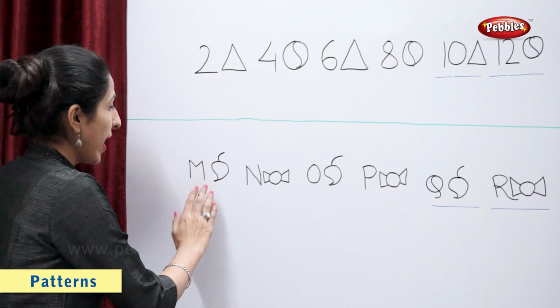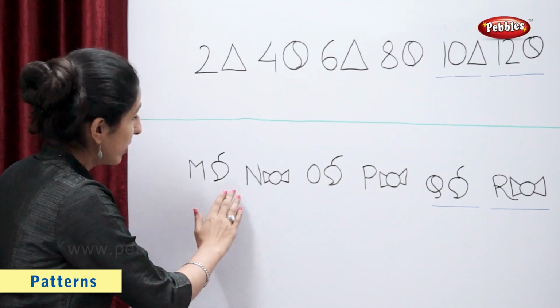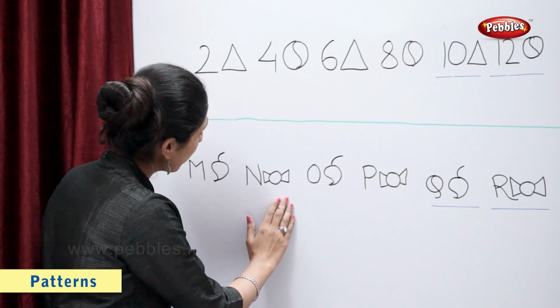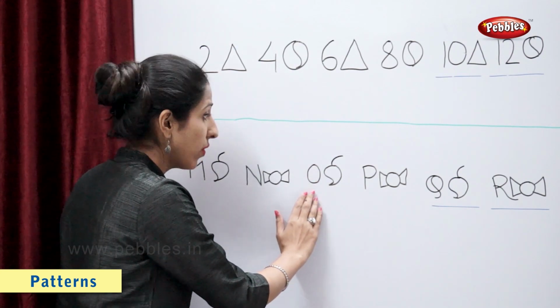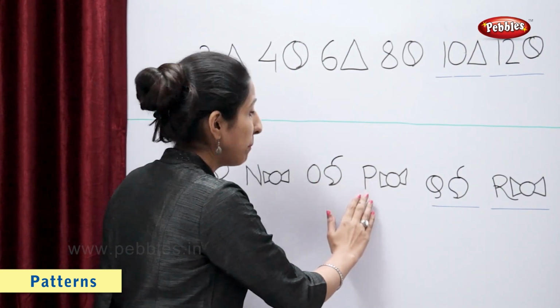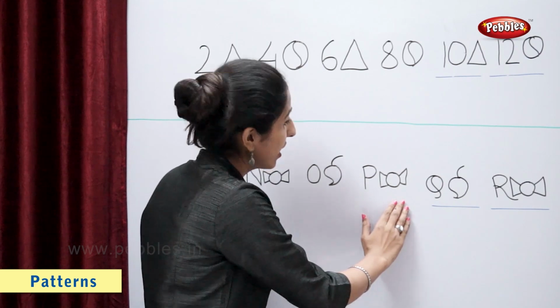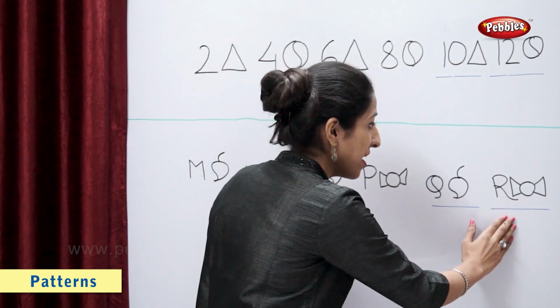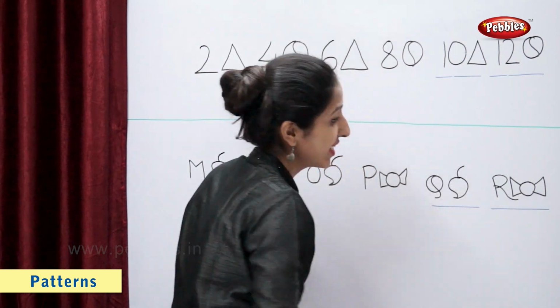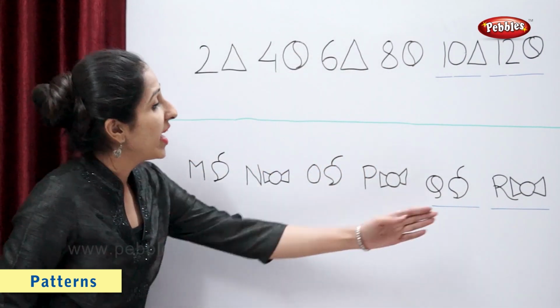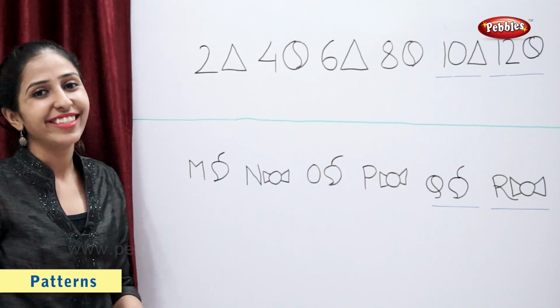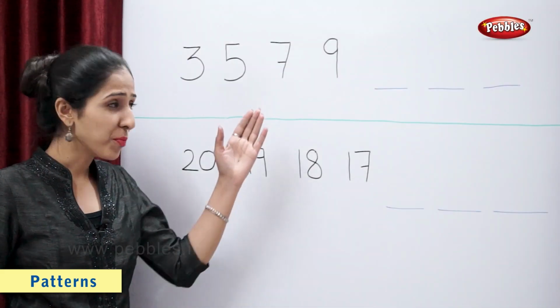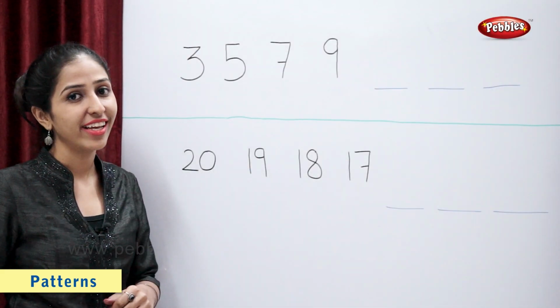So, M, mango, N, toffee, O, mango, P, toffee, Q, mango, R, toffee. So this is a complete pattern. Let's take few more examples with numbers.